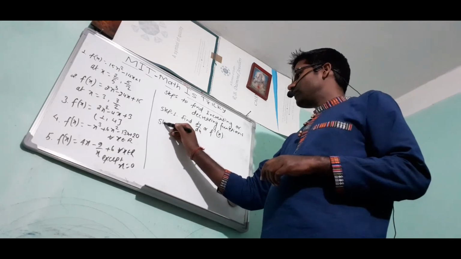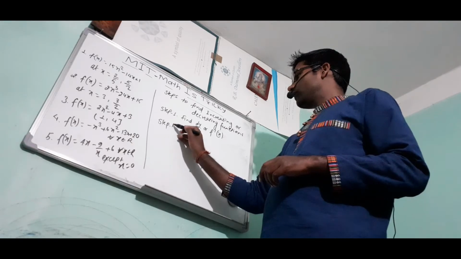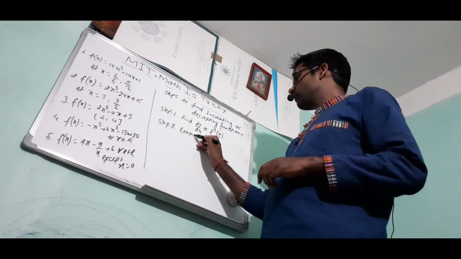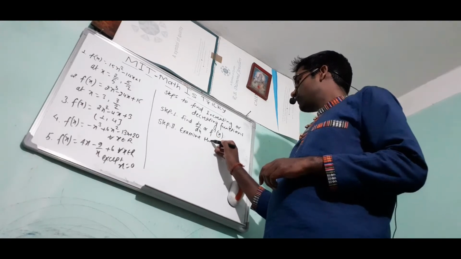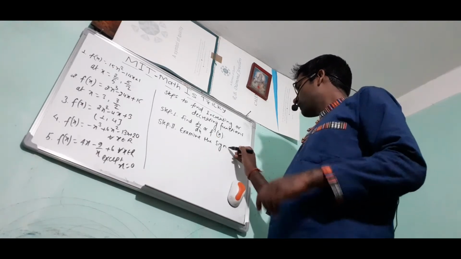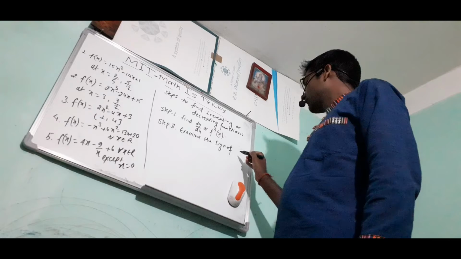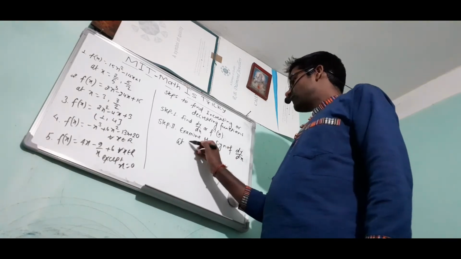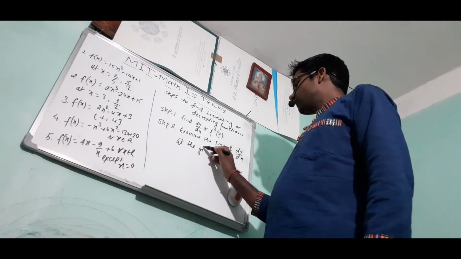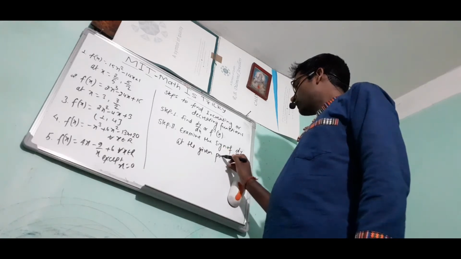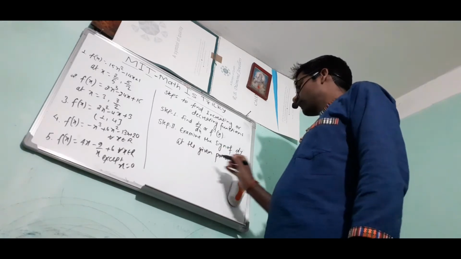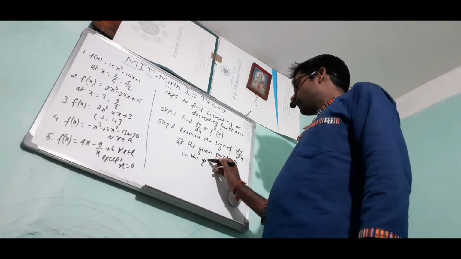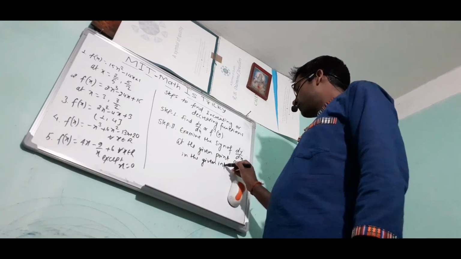Second step will always be, step 2, examine the sign of dy by dx at the given point or in the given interval.